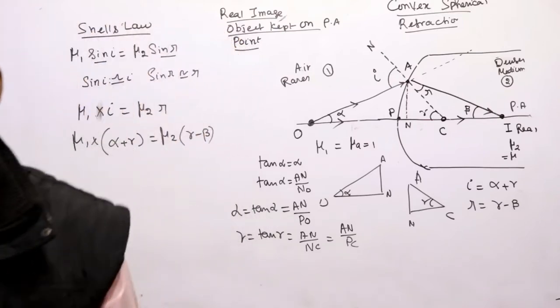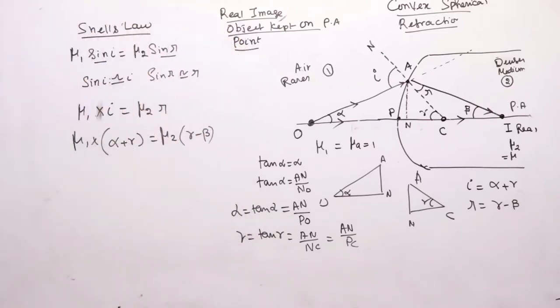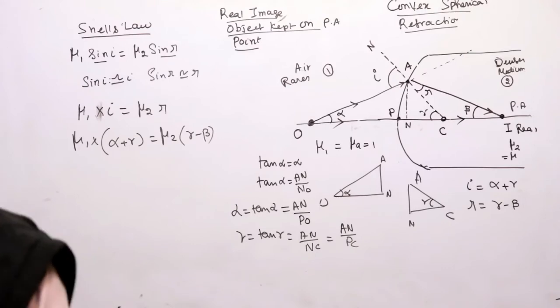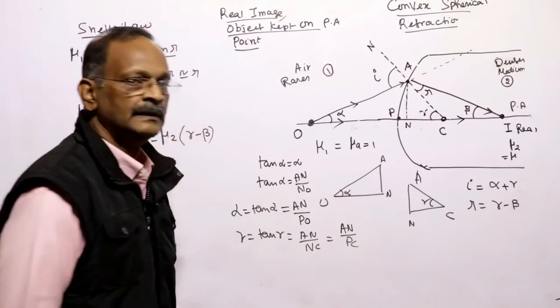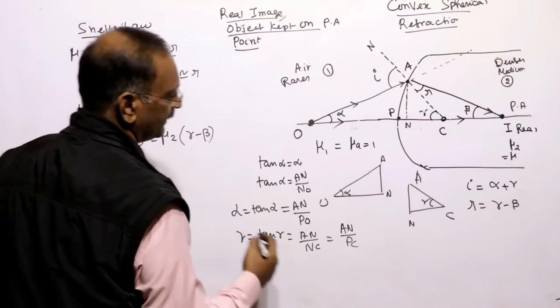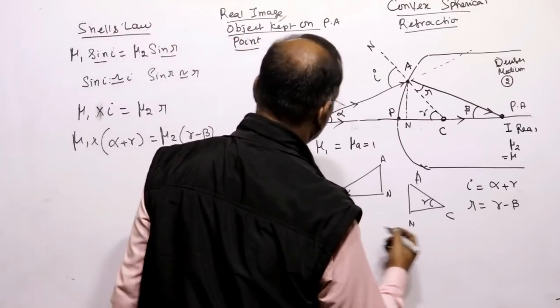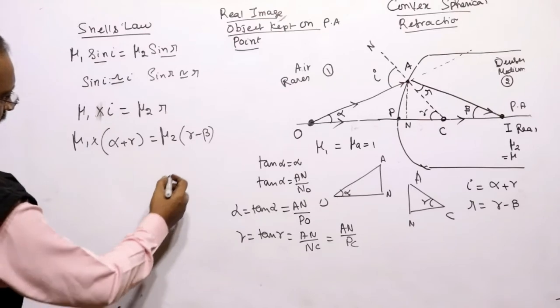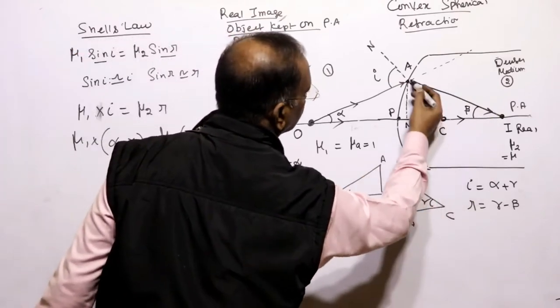Now, alpha, gamma, then we will find out beta. Where is beta? Beta is in this triangle.